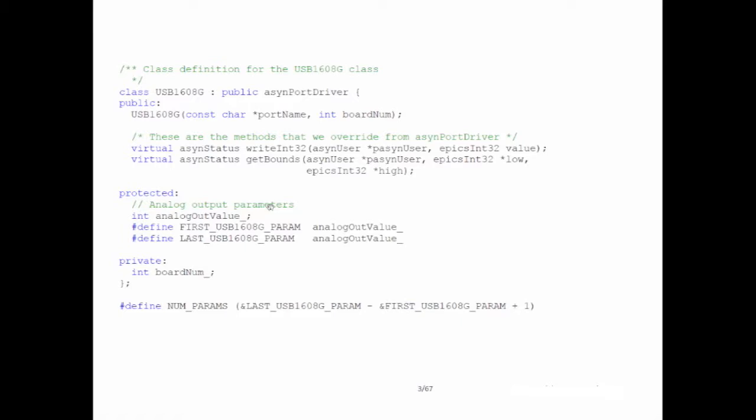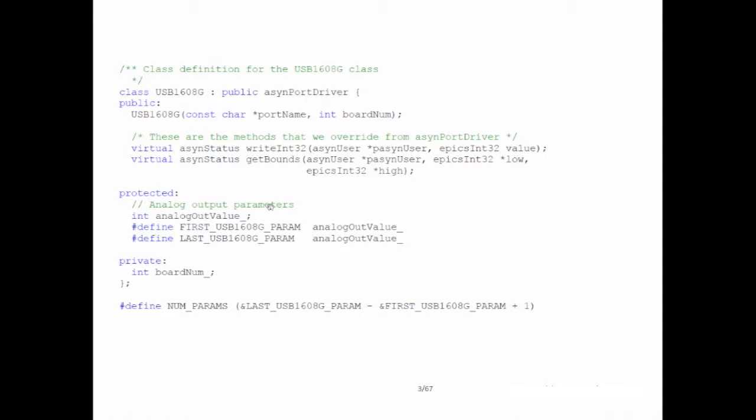The board number is something you figure out by running a little utility program that Measurement Computing gives you, because you could have 6 of their USB devices hooked up to your computer, and it assigns each one of them a number, 0, 1, 2, 3, 4, 5. So you have to tell it here which board of their library it's going to be talking to.